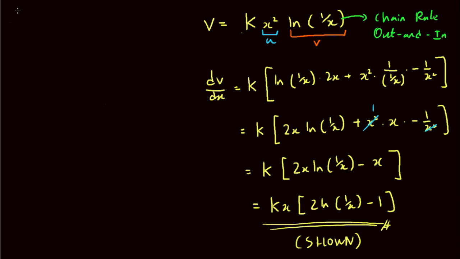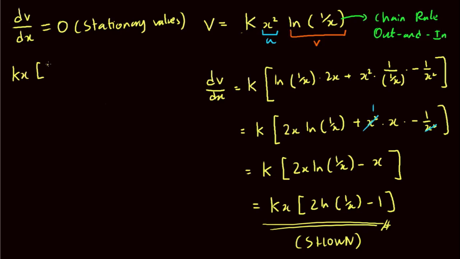It obviously dv/dx has to equal 0, right? To find the stationary values, dv/dx equals 0. So it is just simply kx bracket 2 ln 1 over x minus 1 is equal to 0.